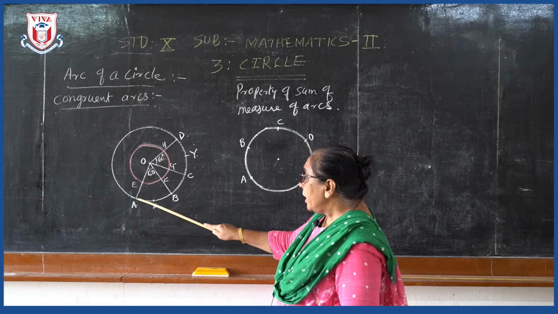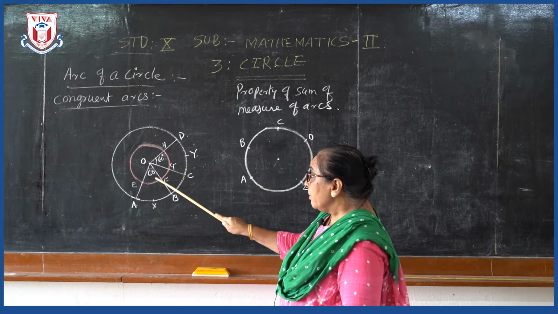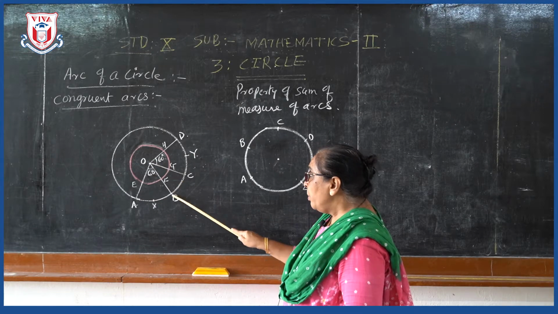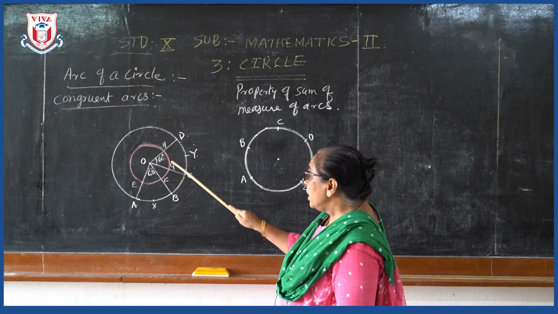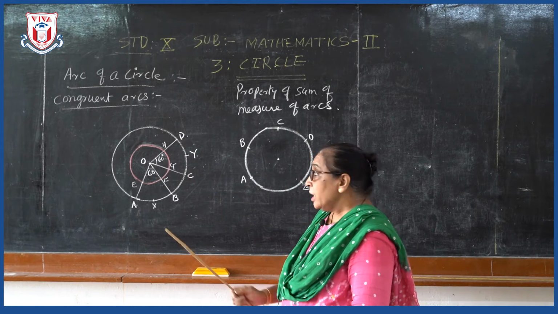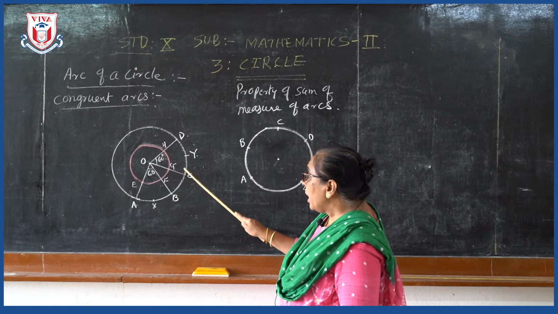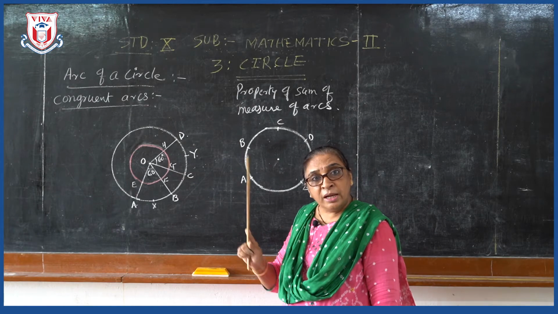If we draw the radii AO and BO, then angle AOB is 60 degrees suppose. Similarly, angle COD is also 60 degree. That means central angles AOB and COD are equal in measure, means central angles are congruent.